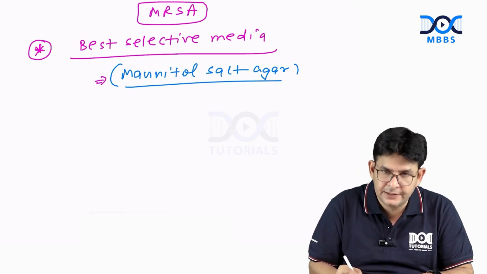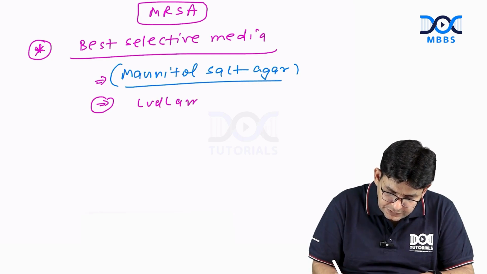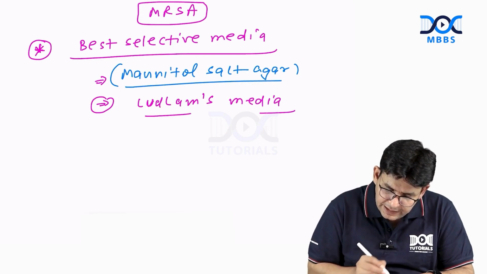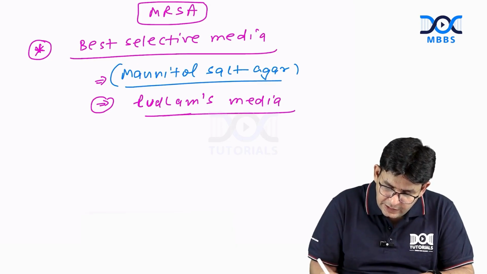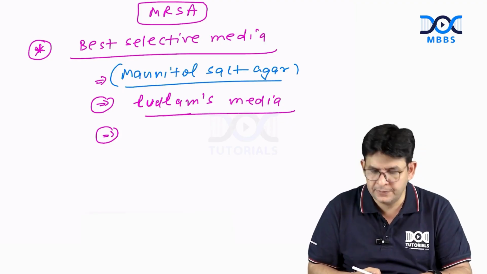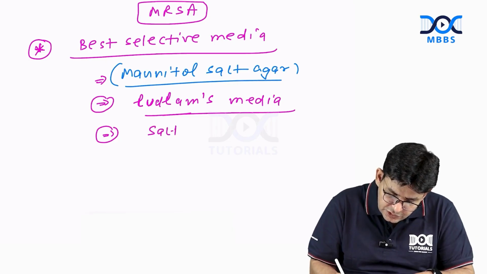And other than that, which other medias are there? Ludlam's media. Okay, one is mannitol salt agar and one is Ludlam's media. The name at least you should know. The best one is mannitol salt agar. And besides that, one more, that is salt milk agar.